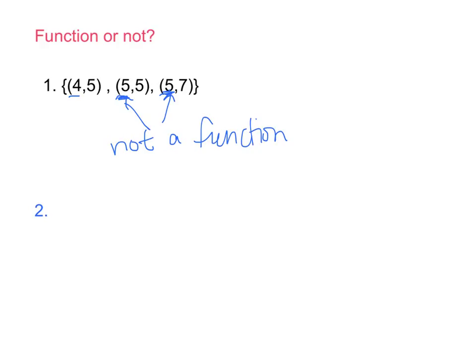So let's look at an example where we use a table. So on this table we're going to have time, and then we are going to have cost in dollars.